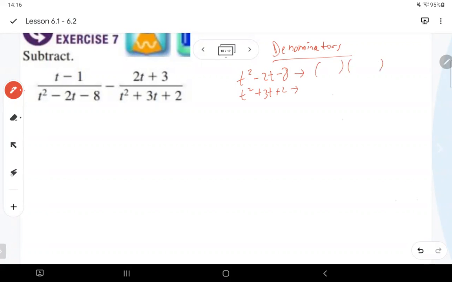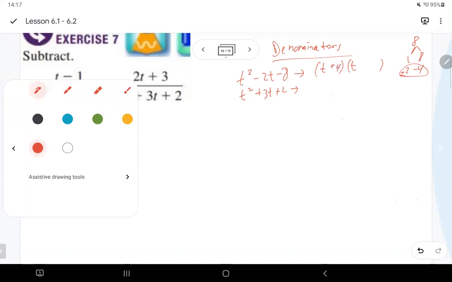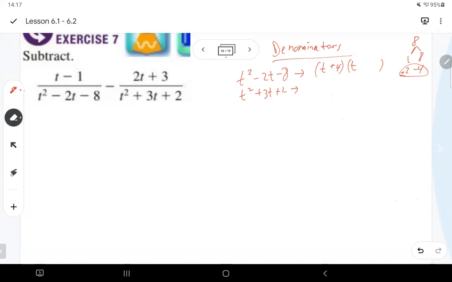So we're going to need the t's split, and we need factors of 8 that'll give us a difference of 2. Okay, so that'll be 2 and 4. We need a minus 2 and a minus 4 and a plus 2. So plus 4. Dang it, I keep saying it backwards.